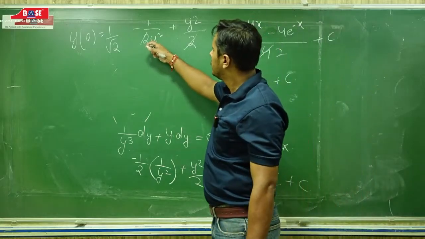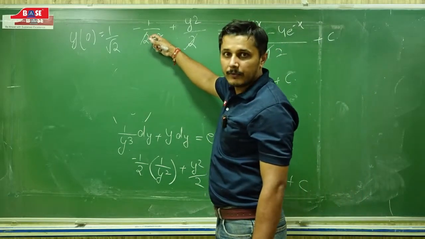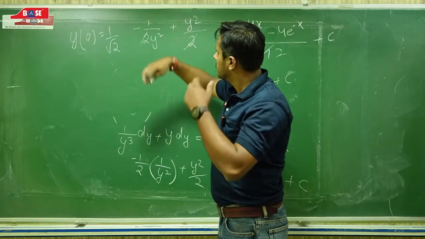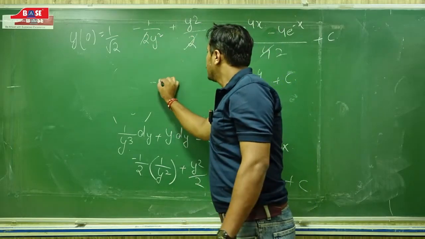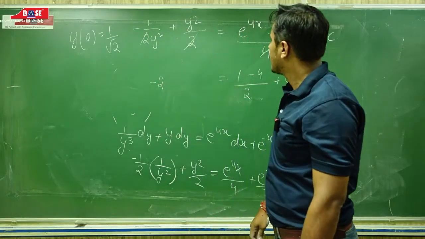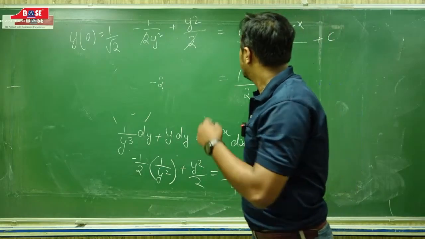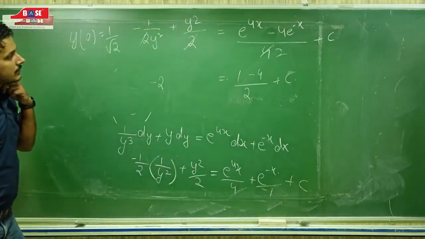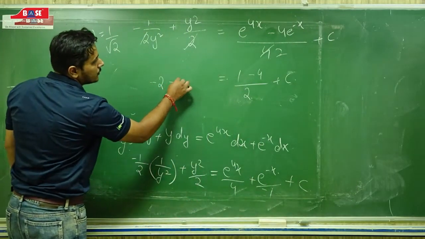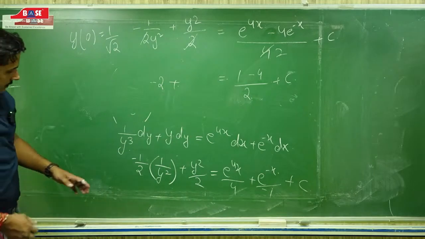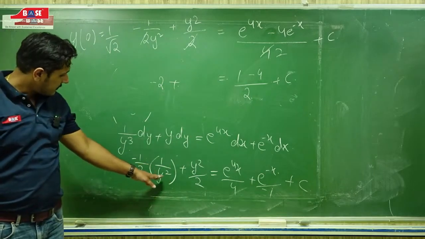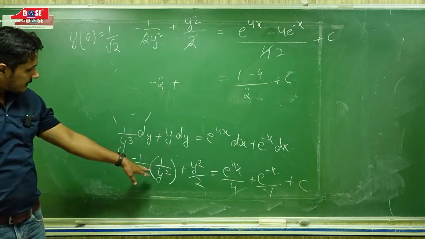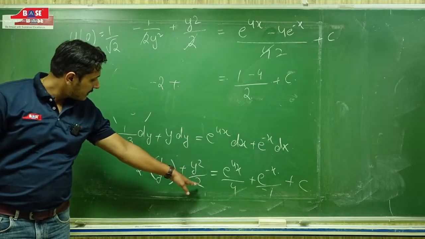And once you put y as 1 by root 2, this will become 1 by 2, and 1 by 2 will go above, so that is minus 2, minus 2, and this is plus root 2. Okay, minus 1 by y square, minus 3 plus 1, yeah, correct. Y square by 2, that is also correct.